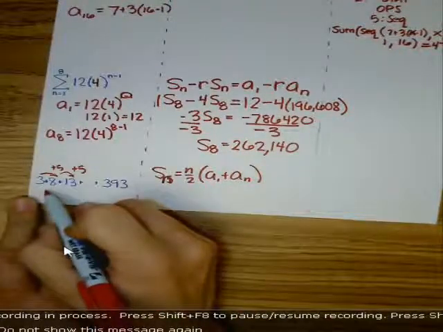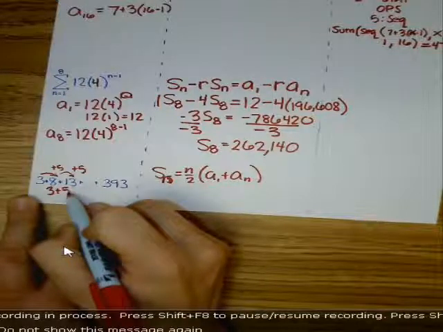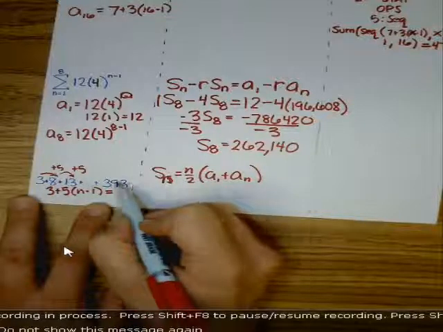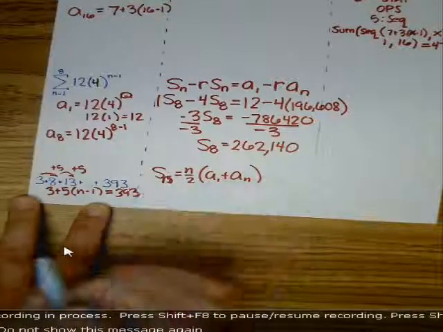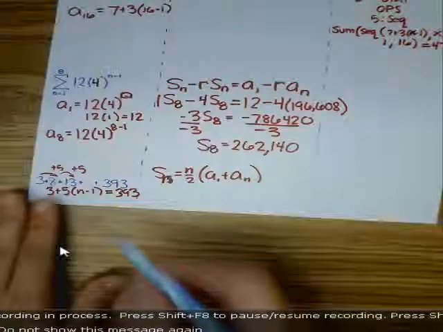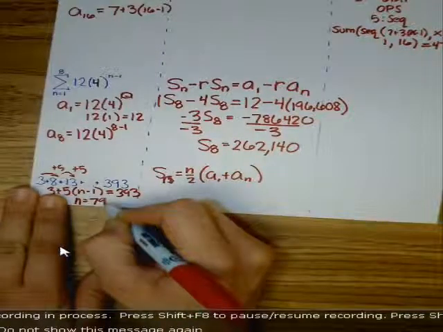Thinking of the explicit formula, this is 3 plus 5. I don't know how many times. But when I do that, I'll get up to 393. If you solve this, you're going to get n equal to 79.